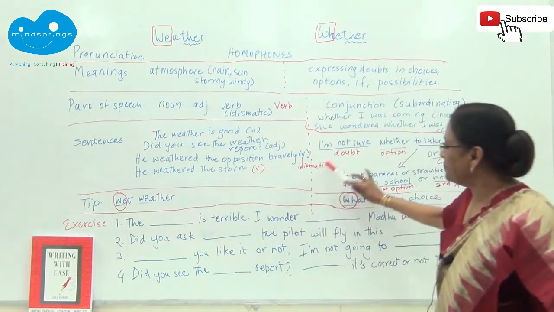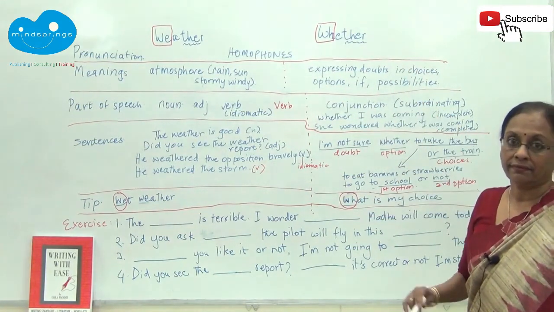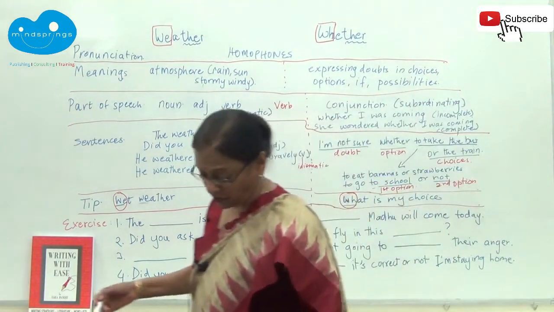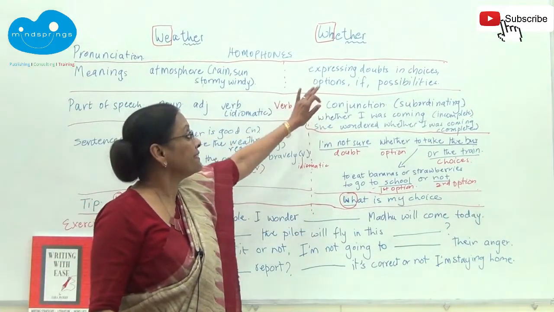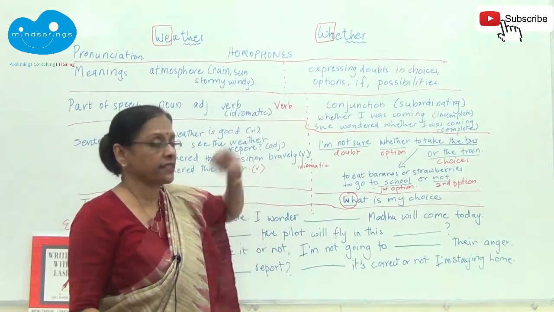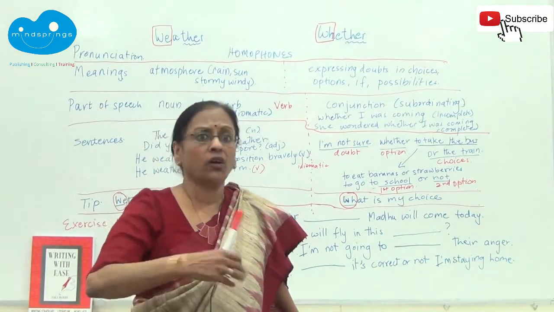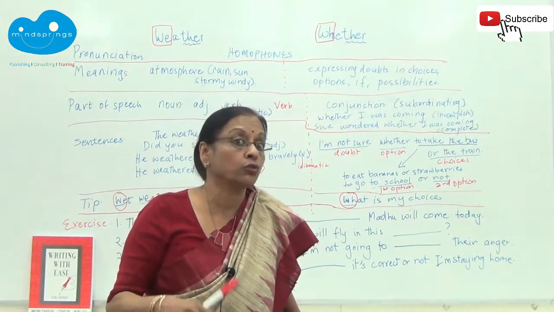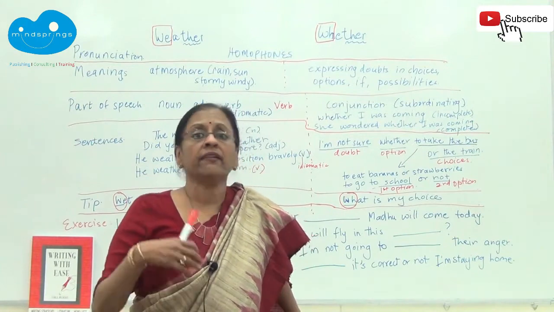Now let's come here to this one. Whether. It's the same sound, whether. So whether expresses doubts in choice. So when there's a choice, we always have a doubt. We doubt all the time. We have dilemmas, don't we? Should we do this or should we do that? What should we eat? What should we wear?